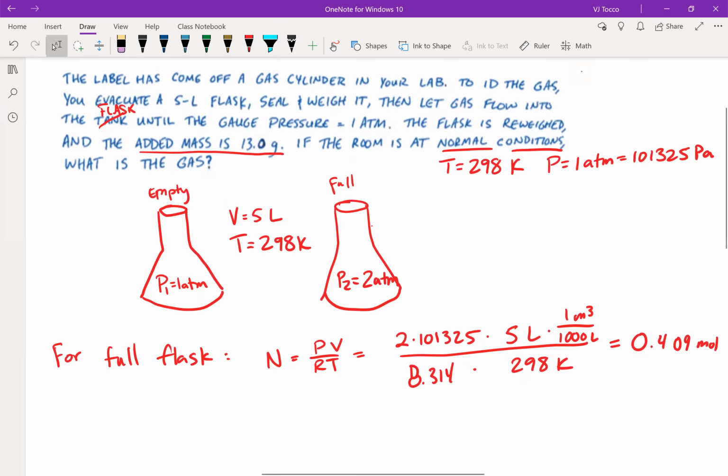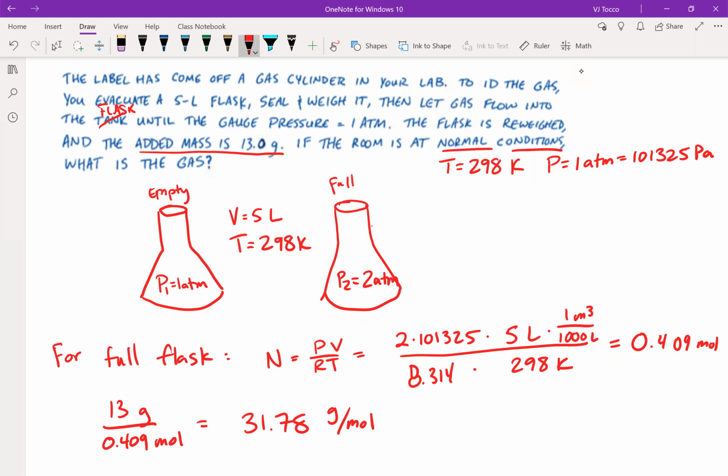So 13 grams per 0.409 moles means that the molecular weight of the gas must have been 31.78 grams per mole.